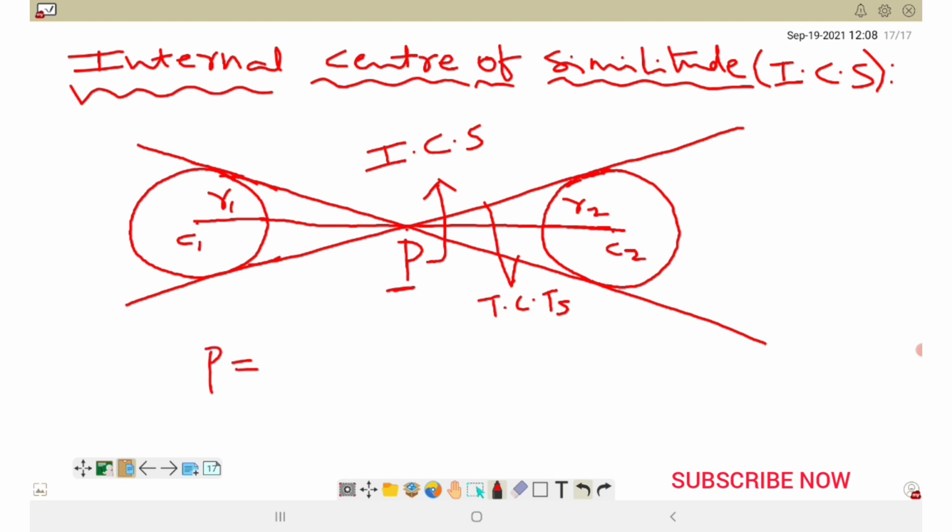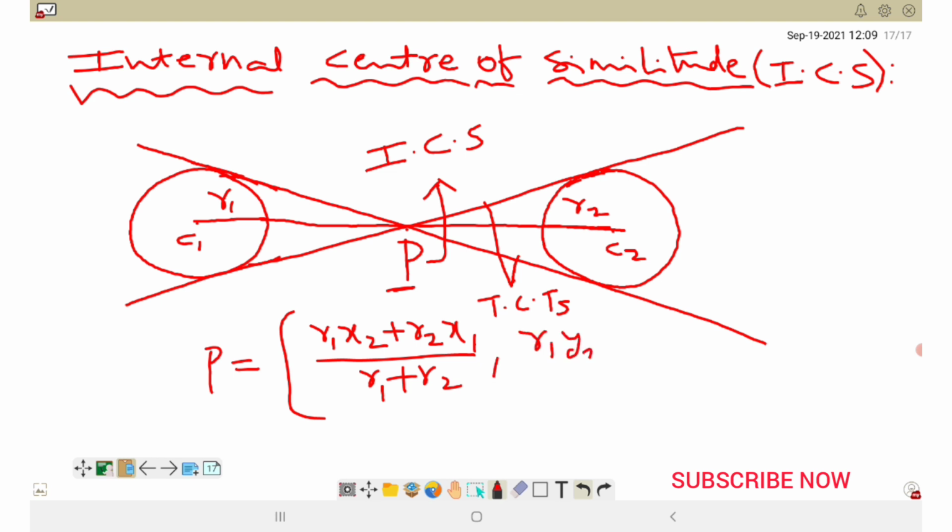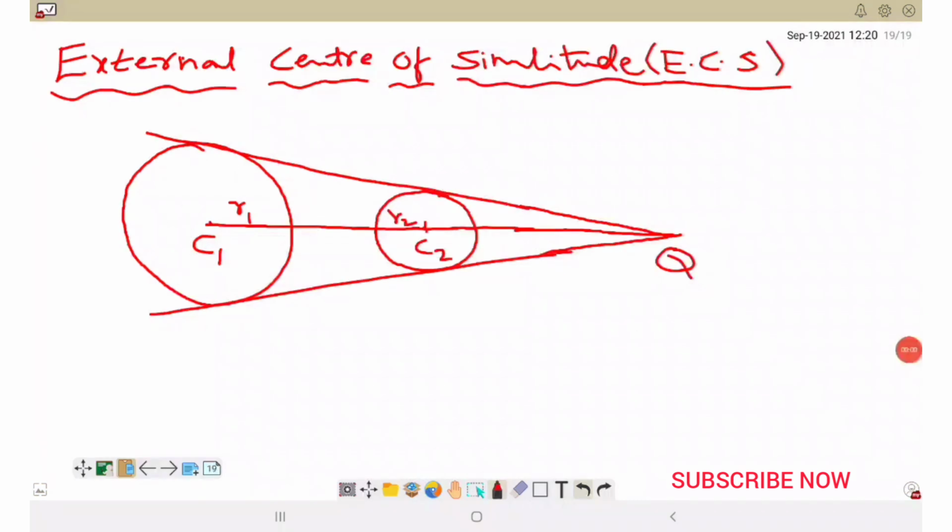So P is equal to R1 x2 plus R2 x1 by R1 plus R2, comma, R1 y2 plus R2 y1 by R1 plus R2.